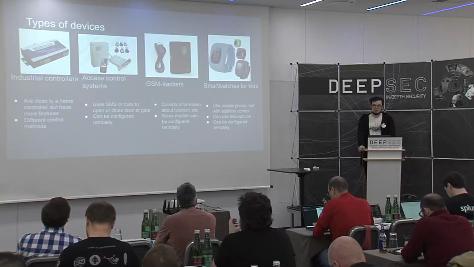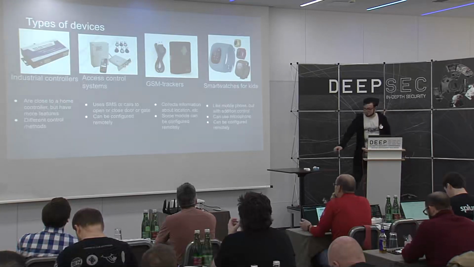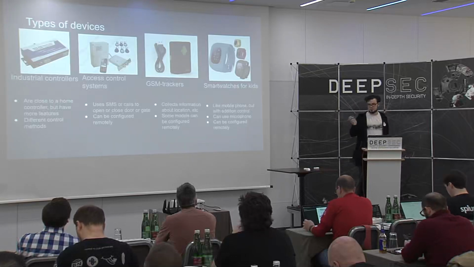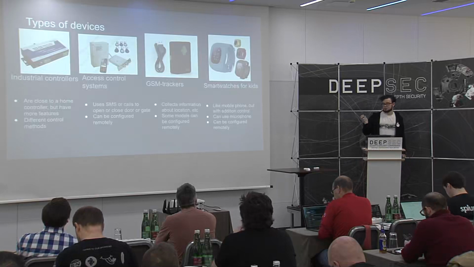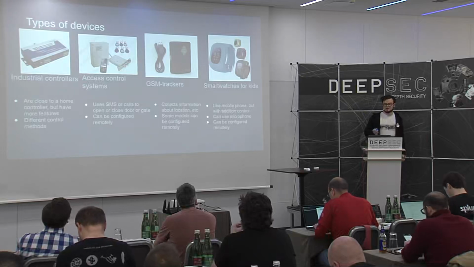And of course it is very interesting for hackers because kids are very interesting targets. And I will present one device from a Russian shop, but we have a lot of different devices like this on AliExpress, on eBay, and sometimes in local shops in different countries.